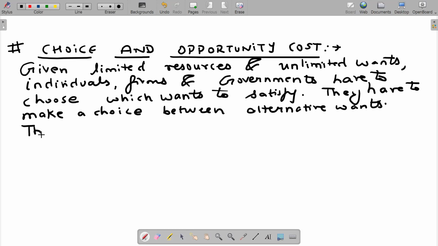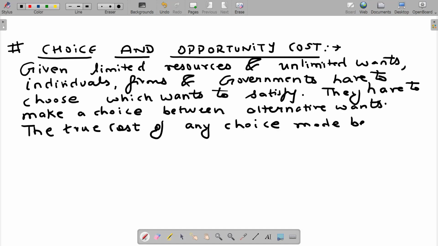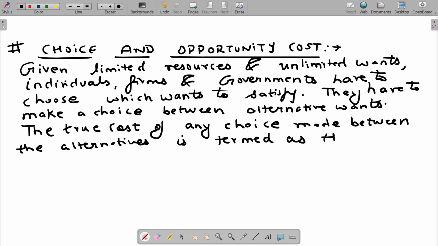And the true cost of any choice made between the alternatives is termed as the opportunity cost.